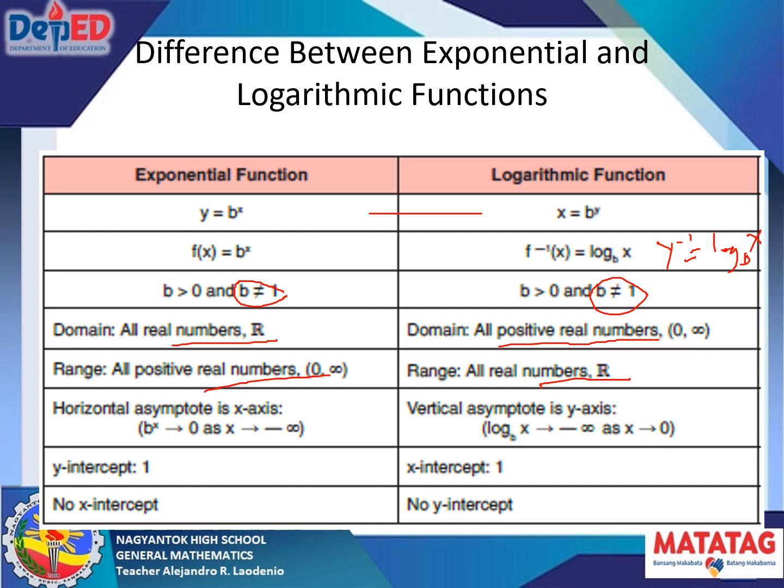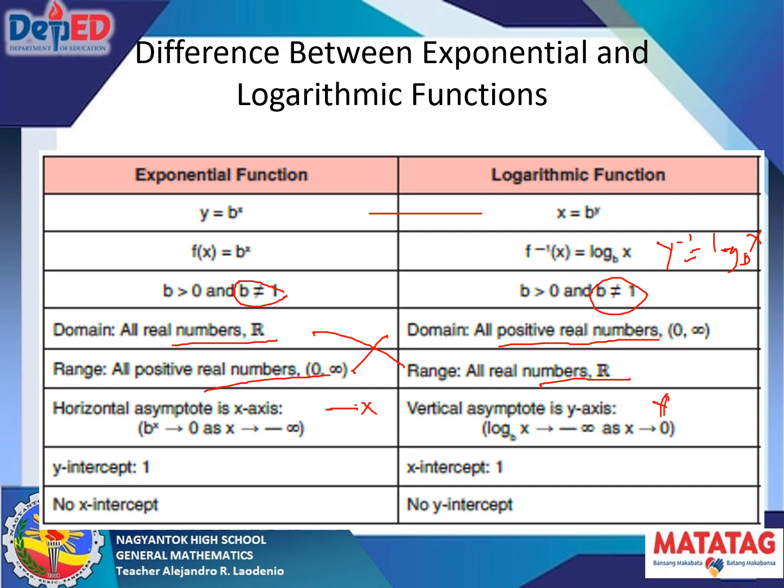So the horizontal asymptote is the x-axis, and the vertical asymptote is the y-axis.